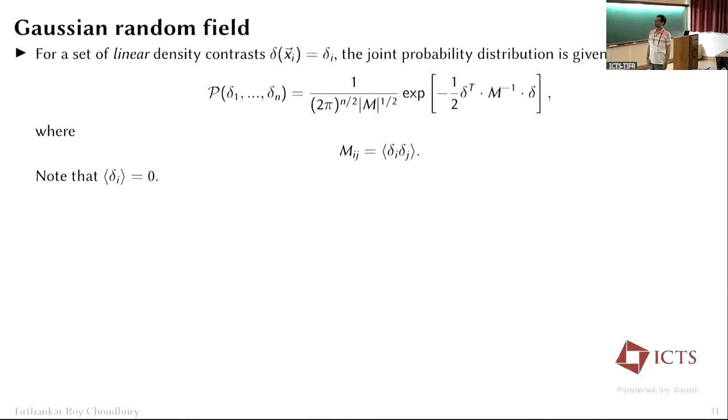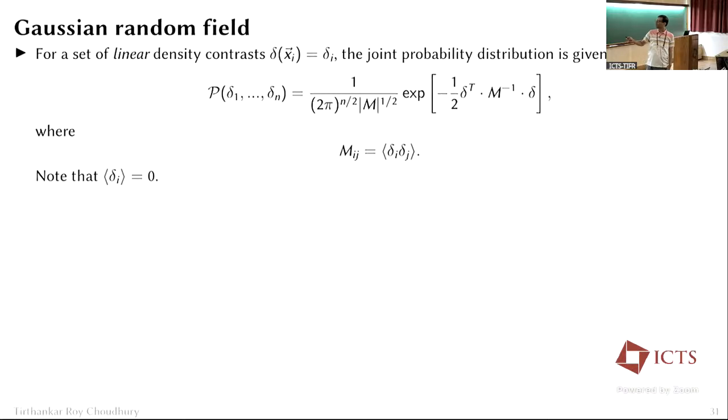Okay. So for a set of n linear density contrasts, if it is a Gaussian random field, the probability distribution is given by this. So this is the normalization parameter. And you see there is the e to the power delta square by something, but it is more complicated because M is not a number, it is a matrix. It's an ensemble average of delta i delta j.